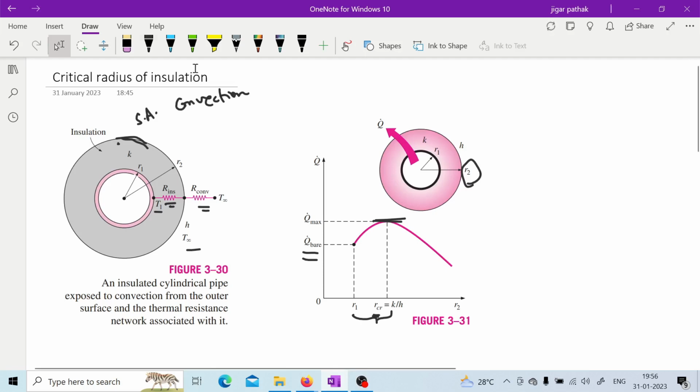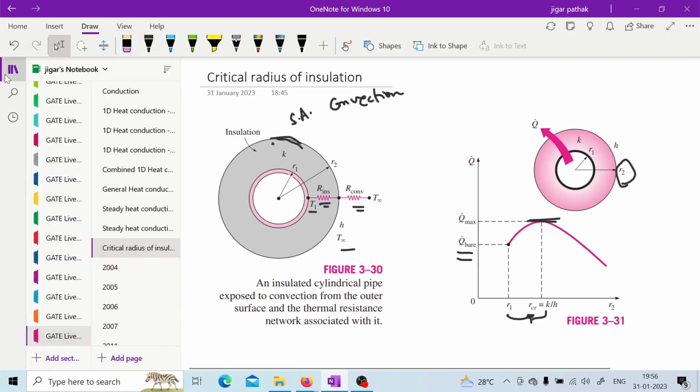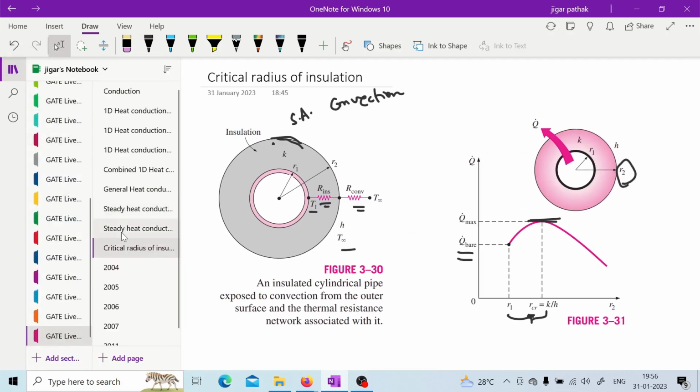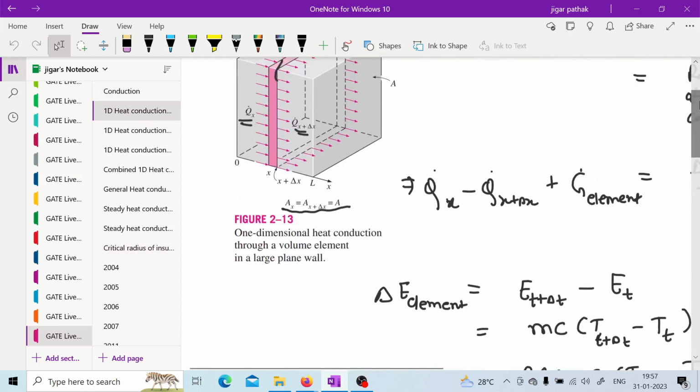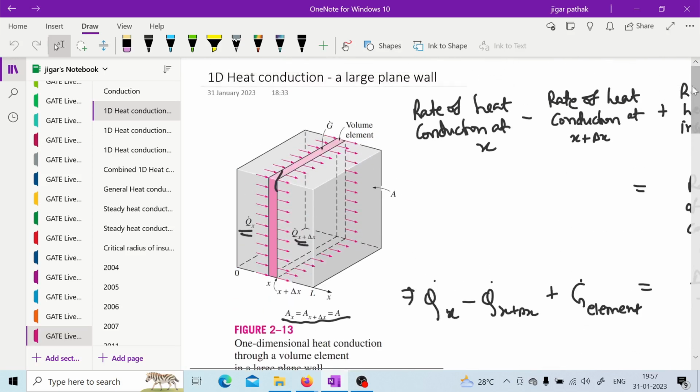Yes, sir. Okay. Sir, what is the reason for heat generation in the plane wall or cylinder? Sometimes you may have elements in which heat is generated.